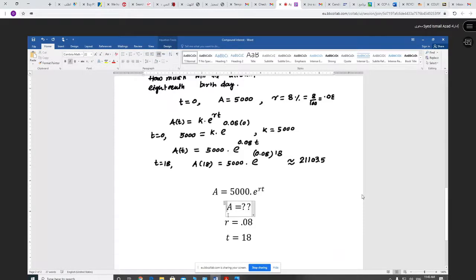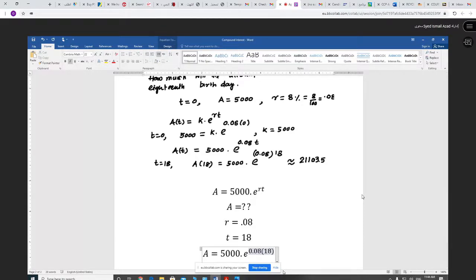We need A; the rate is 0.08 and T is 18. Let us substitute all these values. The amount A equals 5000 e power RT, where R is 0.08 and T is 18.